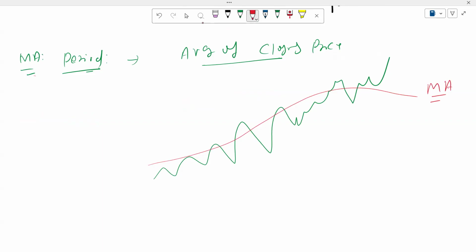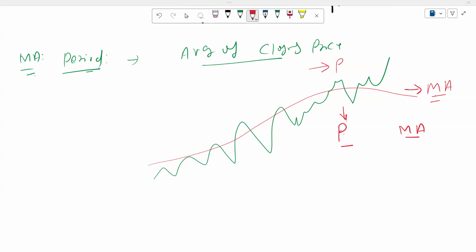Can anybody tell me who will react fast, moving average or price? We have price, and the average of price is the moving average. So who is faster? Who will move fast? Who will react fast? Price or moving average?